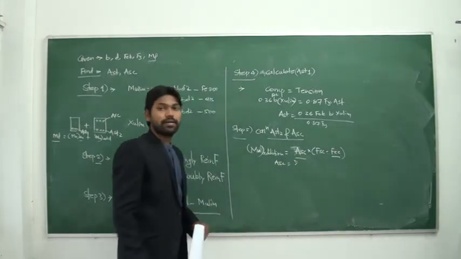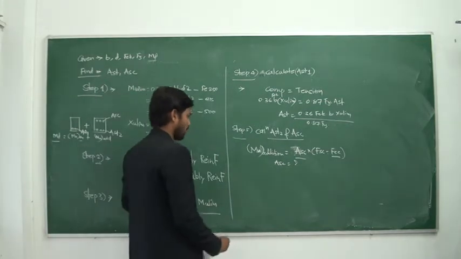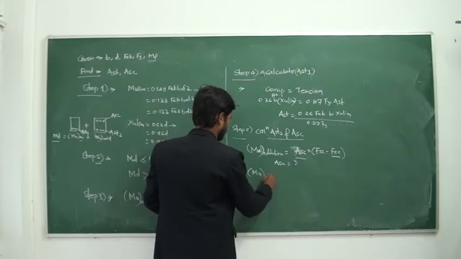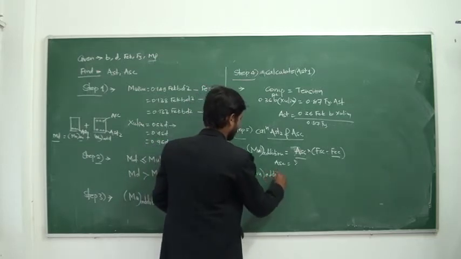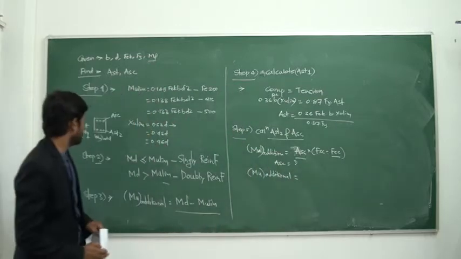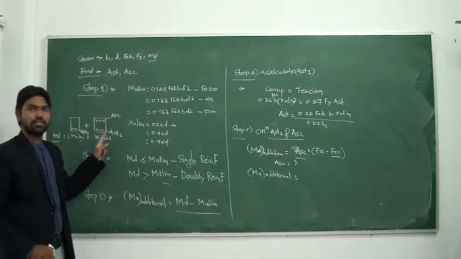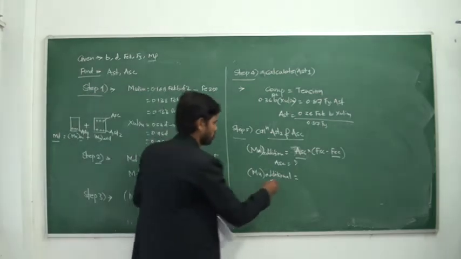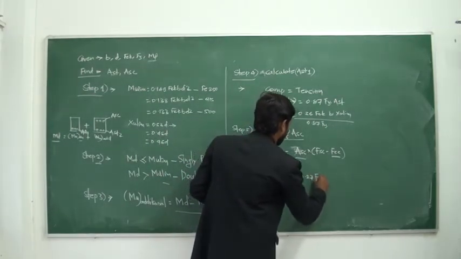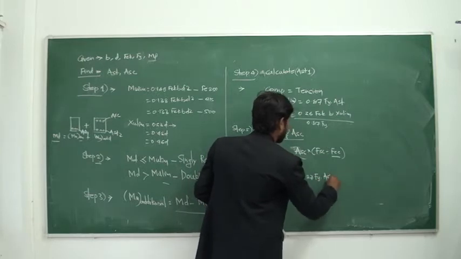Now how will you calculate AST2? One parameter is missing now. Again you can use this equation, mu additional. Who is going to resist this mu additional, this ASC and this AST2? So you can use this equation: 0.87 Fy into AST2 into d minus d dash.